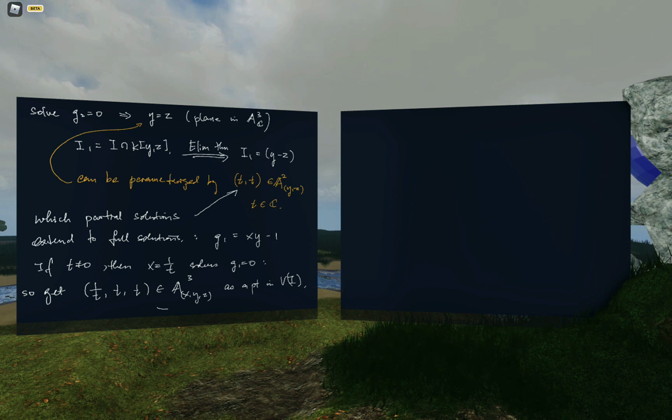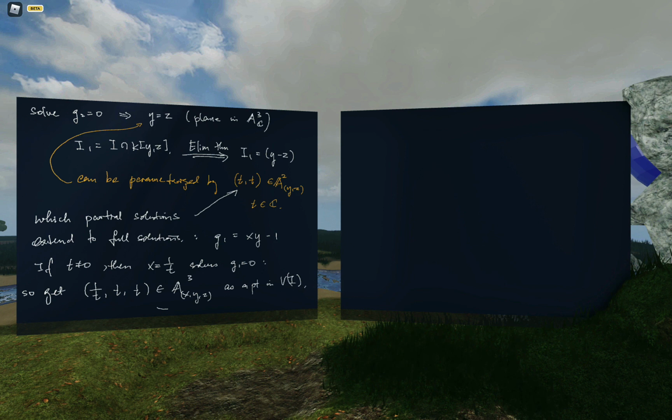So we can see two things. One is that it's not the case that you can always extend partial solutions to full solutions. And it looks like, at least in this very simple example, that most of the time you can. So in this case, as long as t is not 0, you're good. When t is 0, for some special points, you get stuck.